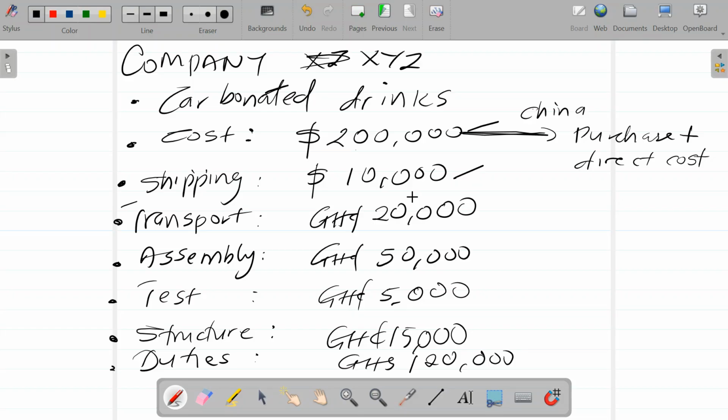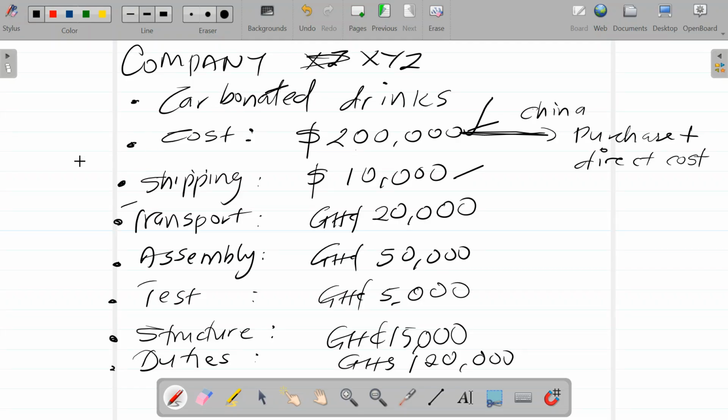All costs you incurred because of the machine are called direct costs. So any cost you incurred because of the machine is a direct cost. It should be added to the cost of the machine. So the cost of the machine is going to be the purchase price, which we have here, and all these costs we incur because of the machine.